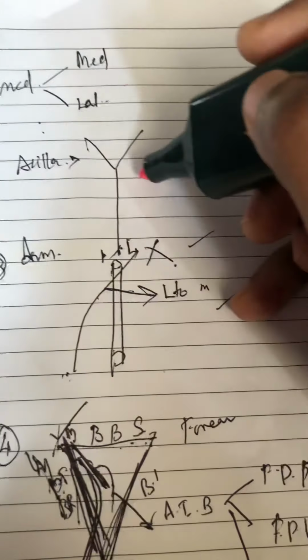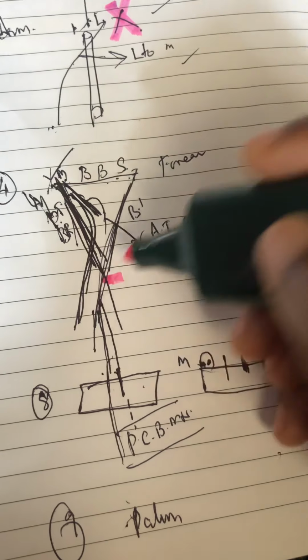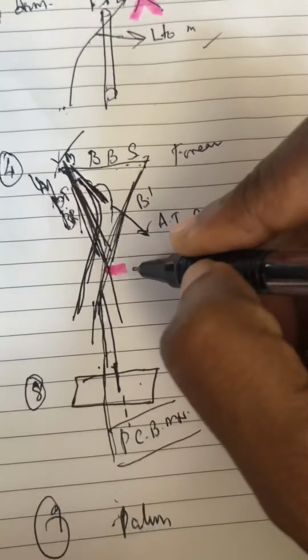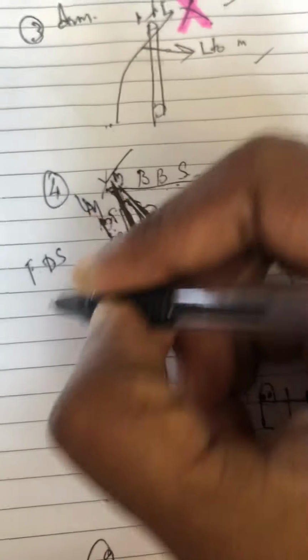That's all. So again, first, there are no branches in the arm. Second, in the forearm the main trunk of the median nerve gives branches to all the flexor compartment muscles: pronator teres, flexor carpi radialis, palmaris longus, and flexor digitorum superficialis.